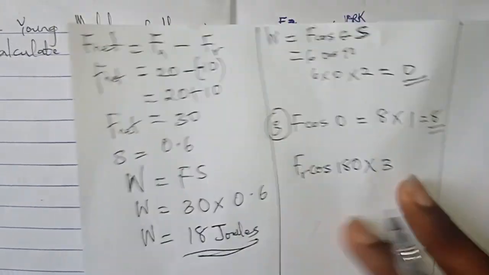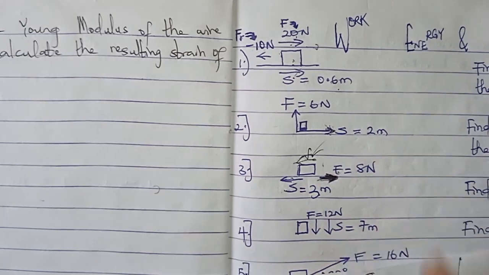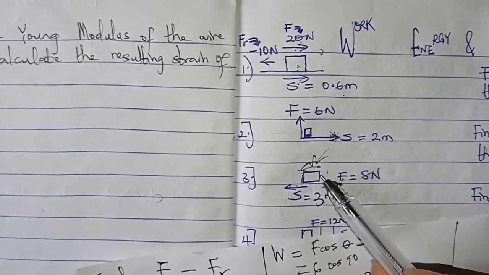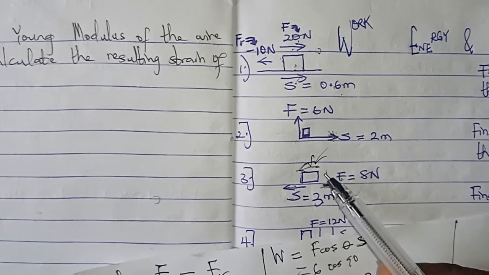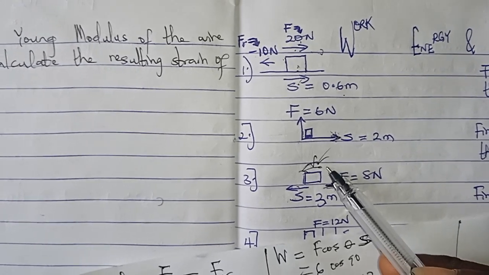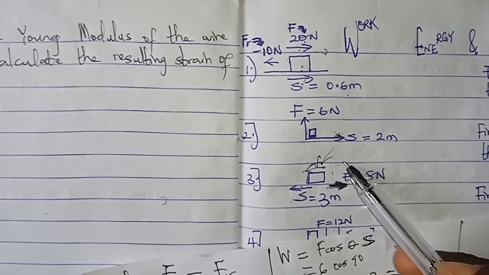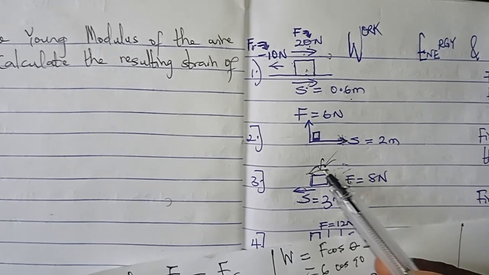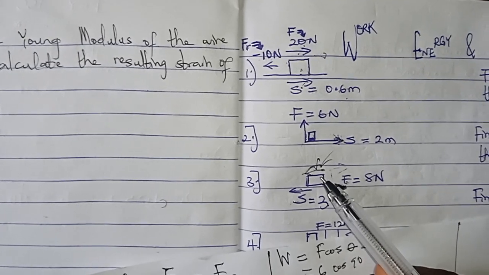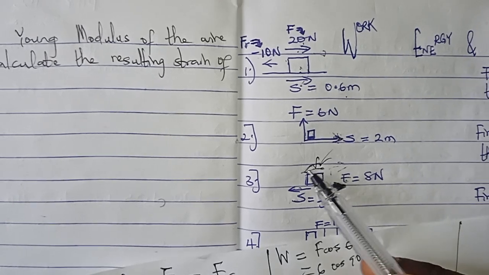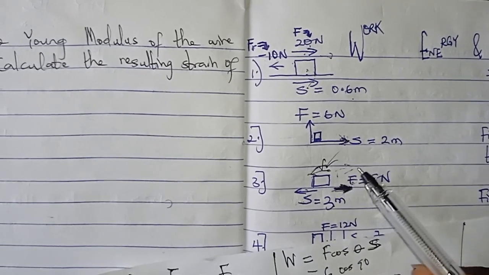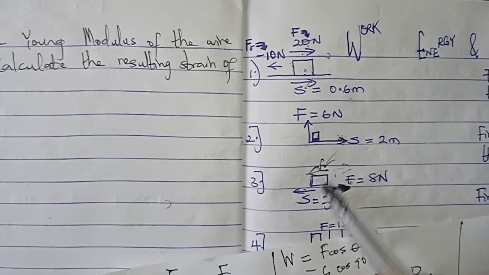Do you see it? Somebody may ask me, how will you know the amount of frictional force there? Remember that unless stated, once you have a force this way, action and reaction are equal and opposite. There's an equal opposing force there, unless maybe due to certain conditions it's not.